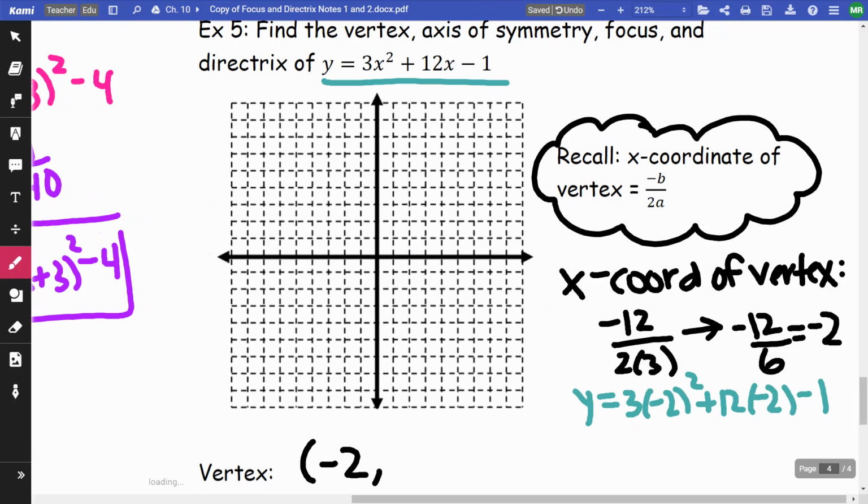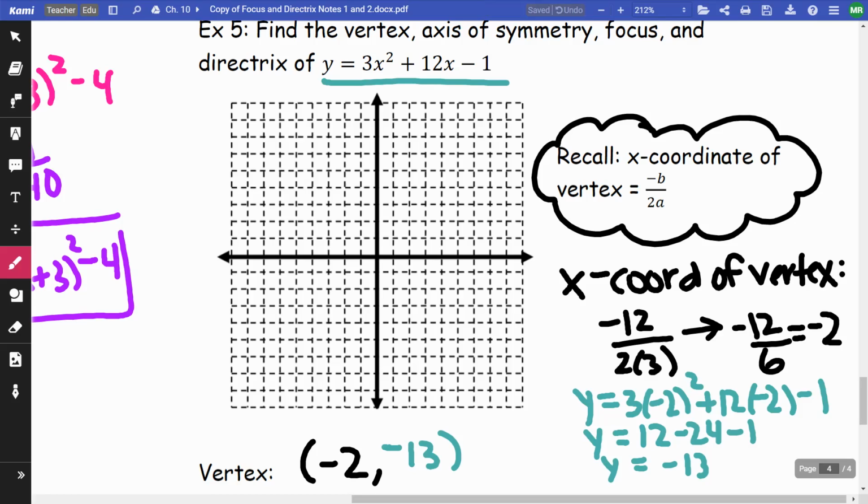So when I do that, negative 2 squared is 4. 4 times 3 is 12. Minus 24 minus 1. So I'm going to get a negative 13 when I do that math. Negative 13. That's my vertex.